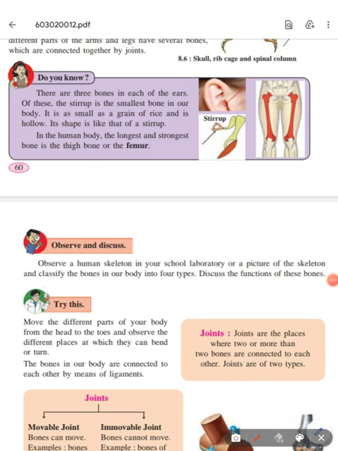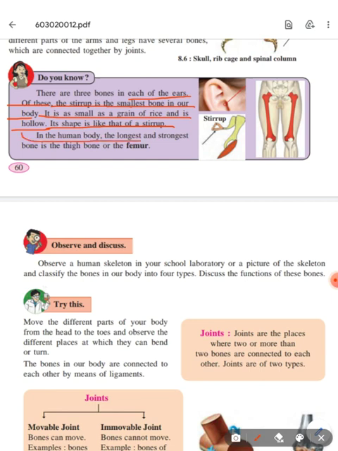Okay, first, do you know there are three bones in each of the ears? Of these, the stirrup is the smallest bone in our body. It is small like a grain of rice and is hollow. Its shape is like that of a stirrup.